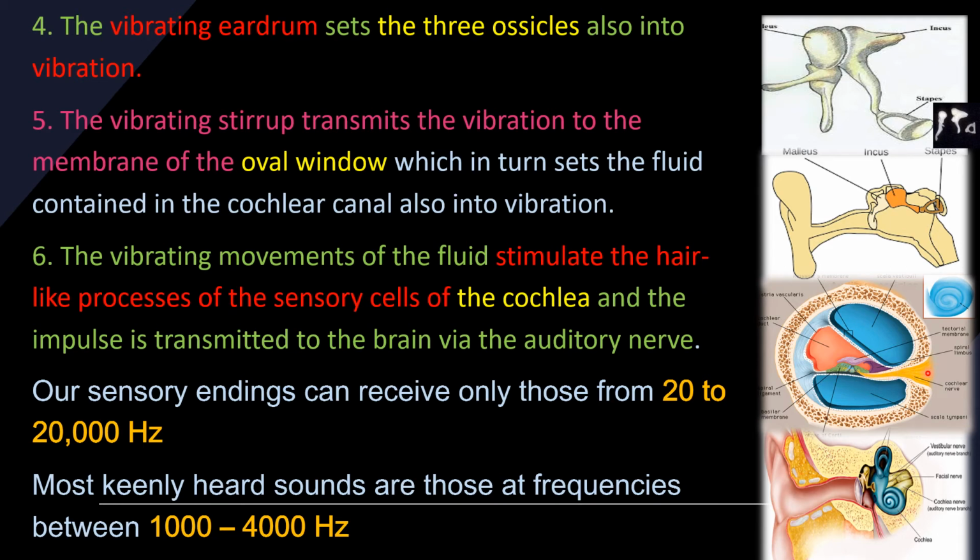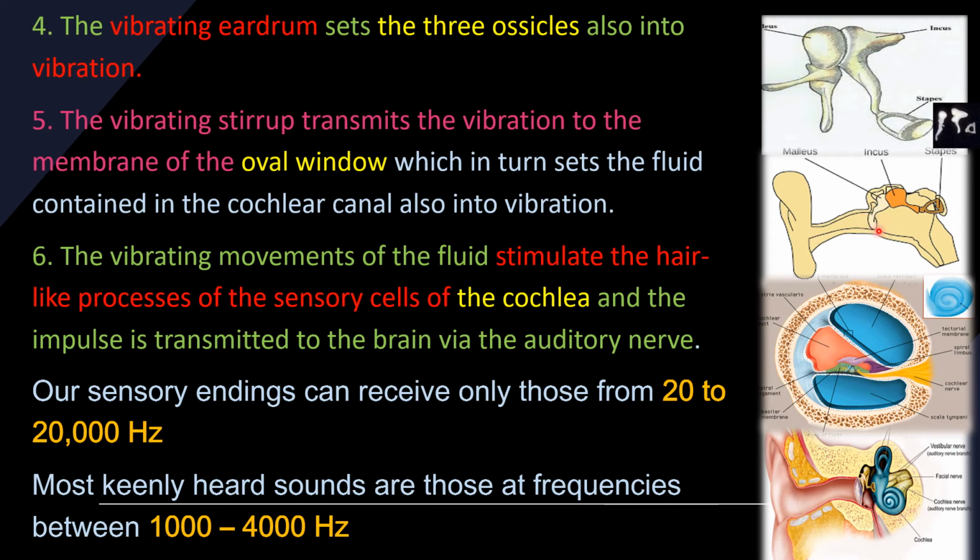But here is a very important point you have to remember. The sound is passing from the pinna through the auditory canal till the tympanum in the form of sound waves. But after that, the tympanum will vibrate.